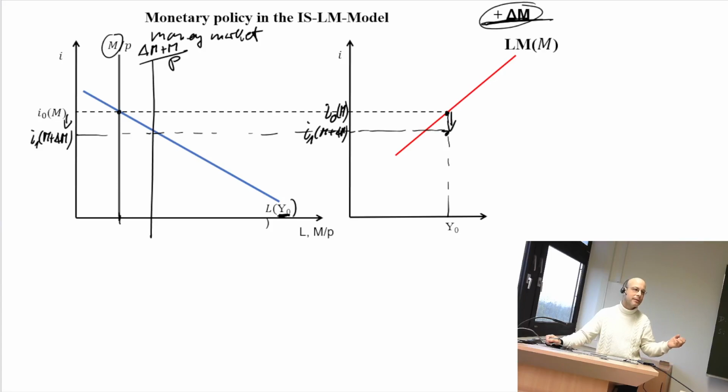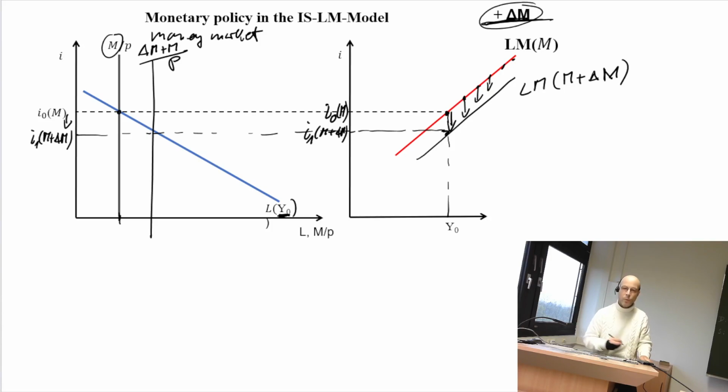And again, this argumentation you have to do for all possible incomes. So every point on our LM curve is now shifting downwards. So then we obtain that the LM curve is shifting downwards to the right if we are increasing the amount of money.